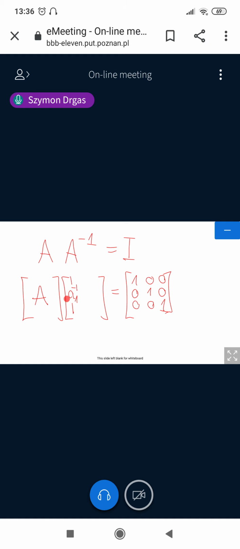this is the variable that we used to call the first column of the inverse matrix. And similarly, we can use similar notations for the other two columns.